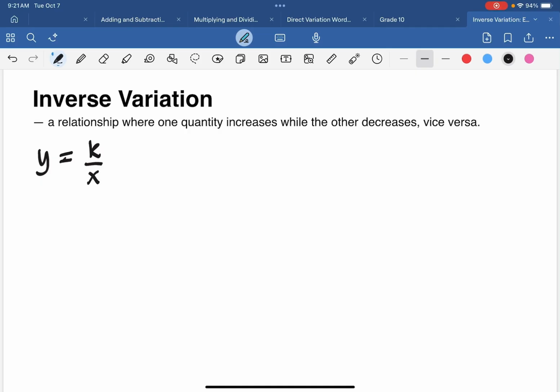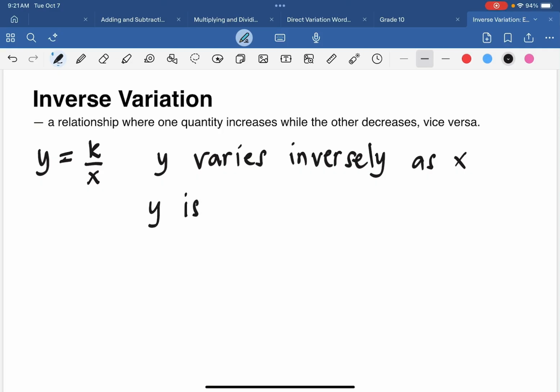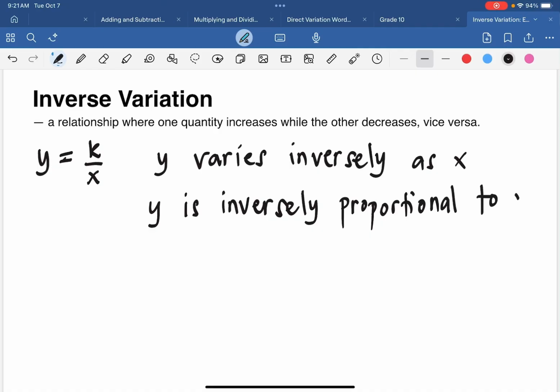This is read as y varies inversely as x, or you could also read this as y is inversely proportional to x. And the same thing with other variations. Our k here, again, is our constant.